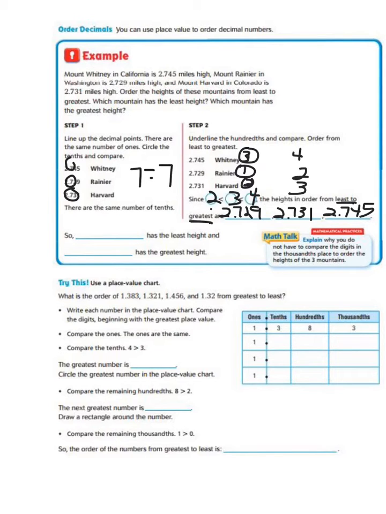So Mount Rainier has the least height, and Mount Whitney has the greatest height, because we see Mount Rainier was number 1 for least, and Mount Whitney was the greatest from least to greatest.